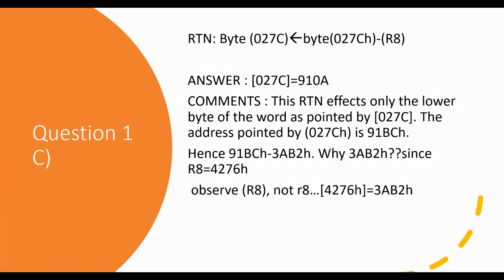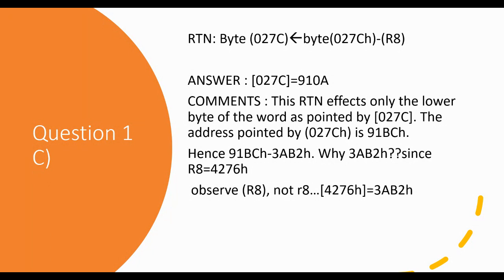So the third register transfer notation. Look at this. Pointed to by 027C. This means that whatever is here is being considered 027C. You only affect the byte.